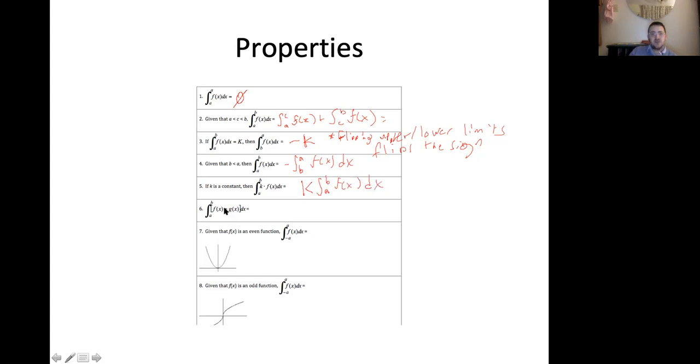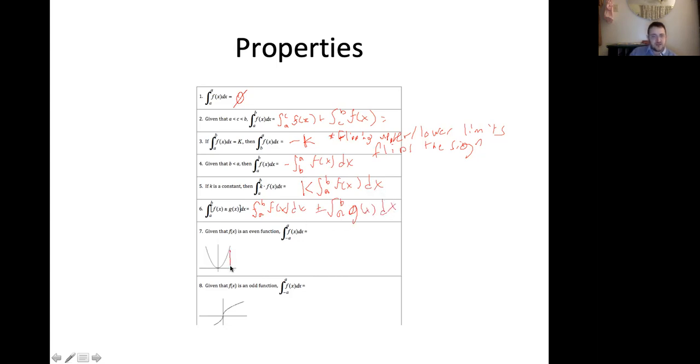If we have a plus or a minus type of thing, we can actually chunkulate the two integrals. So this would be the integral from a to b of f of x dx plus or minus the integral from a to b of g of x dx.